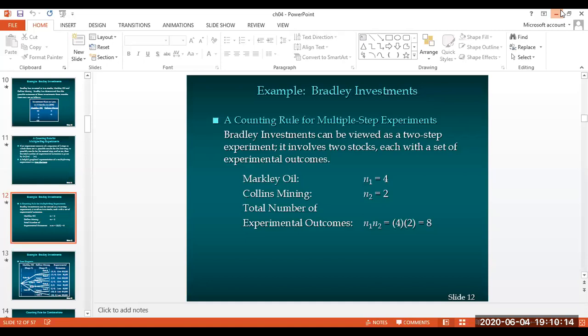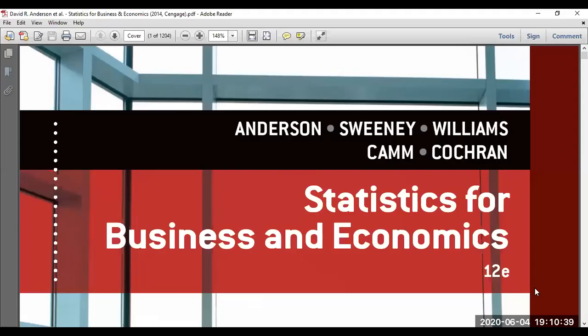Okay, give me a second so that I open the book for you. It should take a couple of seconds. So I'm showing you the book here. Okay, take a look at the book.